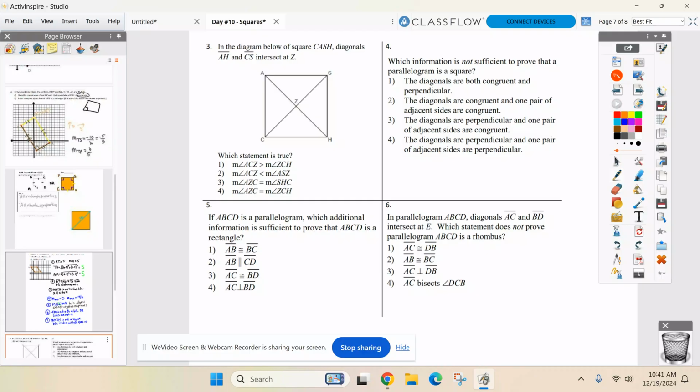I have 3 because HC is perpendicular, so it's FHC. Right, but SHC is not.